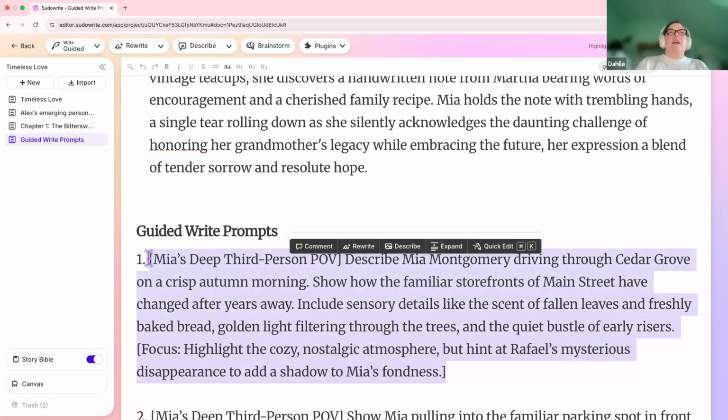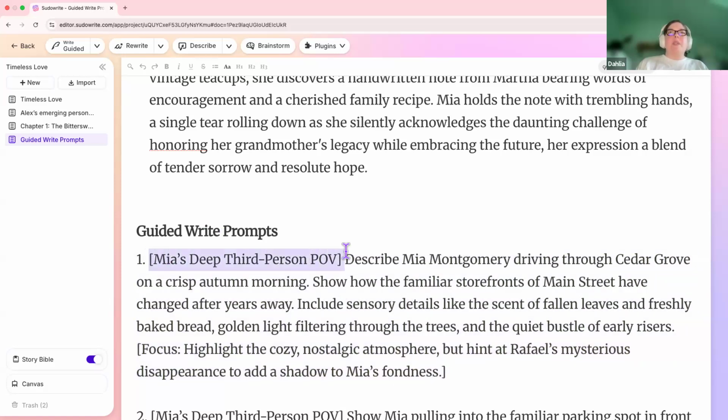I usually leave it like this, with the information about the POV, the focus, and a couple of sentences of instructions. And this approach helps to keep the AI aligned with my vision, while still allowing some flexibility where needed.